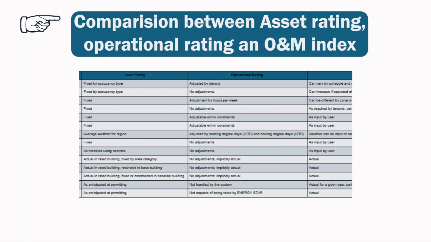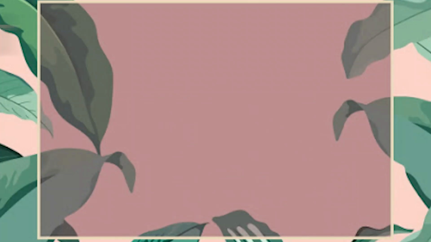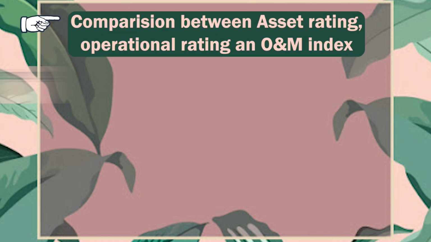After the types of EnPIs, let us now understand the difference between asset rating, operational rating and the O&M index. The table shown on the screen summarizes key differences between asset rating, operational rating and the O&M index for a typical building. Benefits of EnPIs.